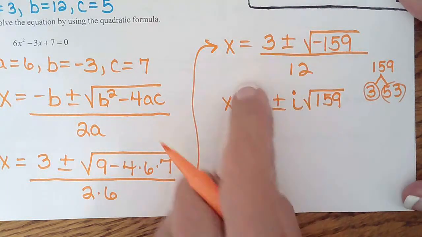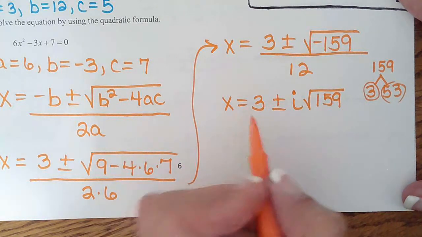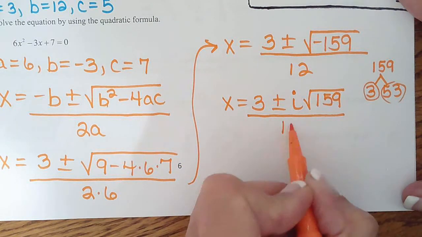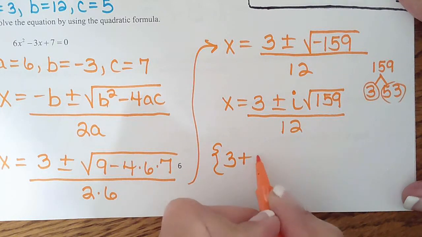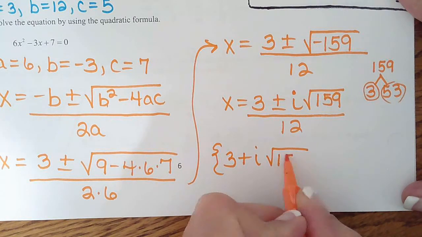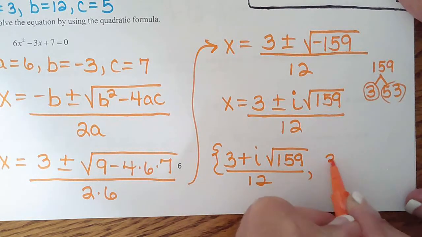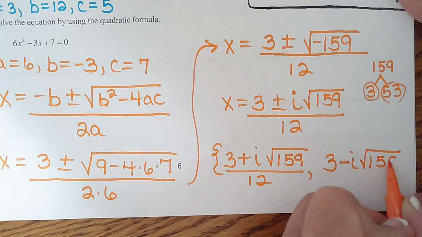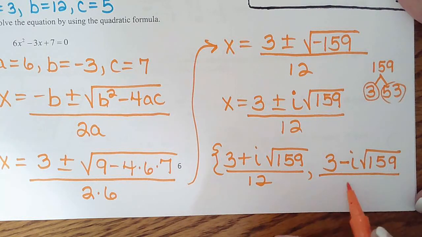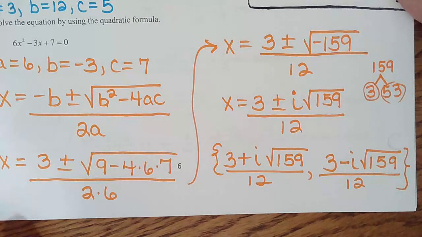So that negative comes out as i. 159 has no pairs. And over 12. So my 2 solutions are 3 plus i radical 159 over 12 and 3 minus i radical 159 over 12. So we'll start from there.